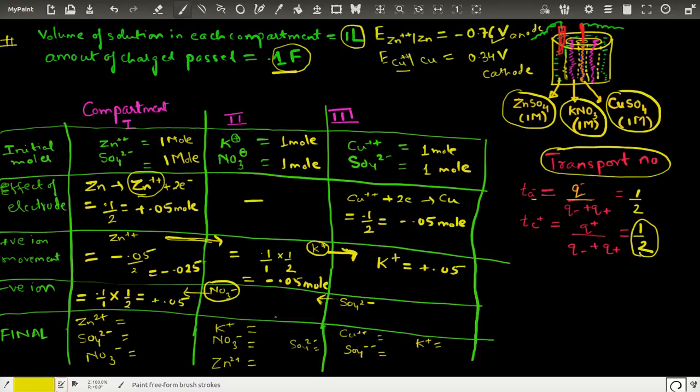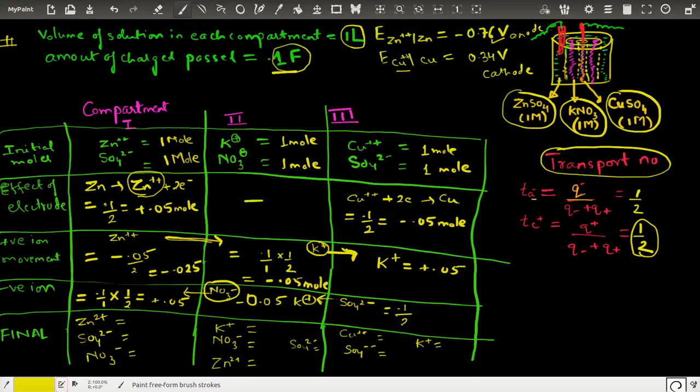For compartment 2, we can see that there is a loss of the equivalent number of moles. So we can see that 0.05 moles of K plus has gone down, right? Now clearly for the sulfate ion, sulfate being bivalent, how much of this has been transferred? 0.1 farad was the total charge.